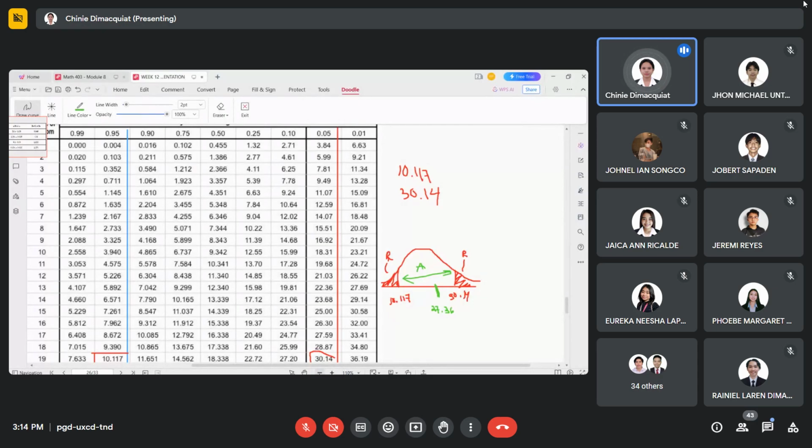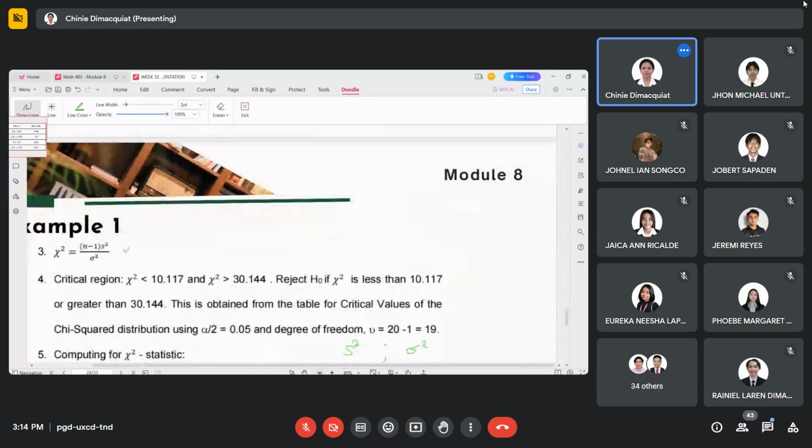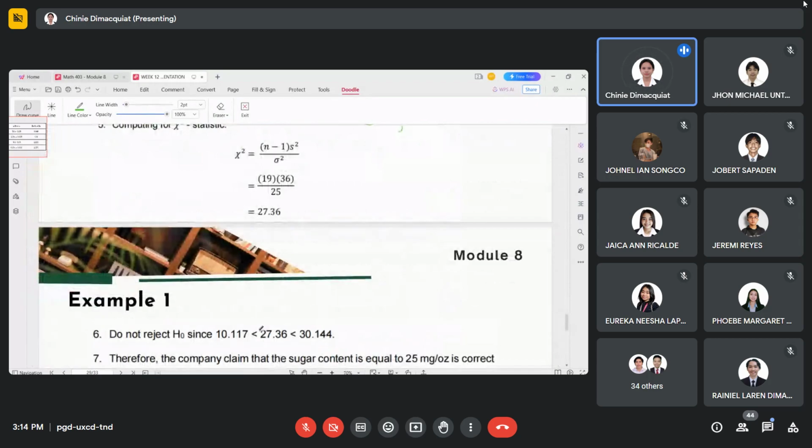So, yun yung ating magiging decision for our step 6. Do not reject null hypothesis or simply accept. Accept null hypothesis since 27.36 is greater than 10.117 but less than 30.144.